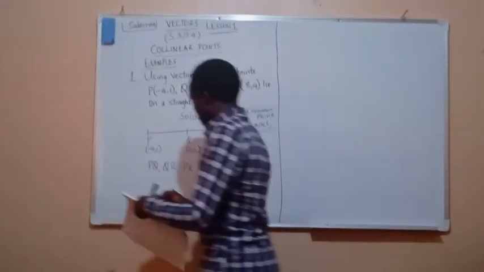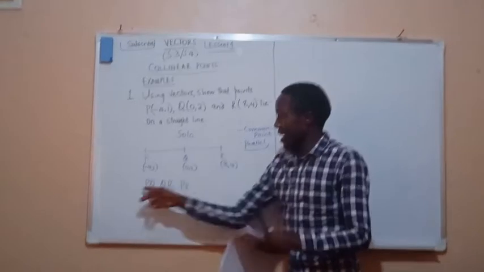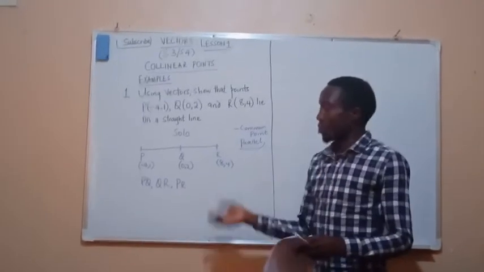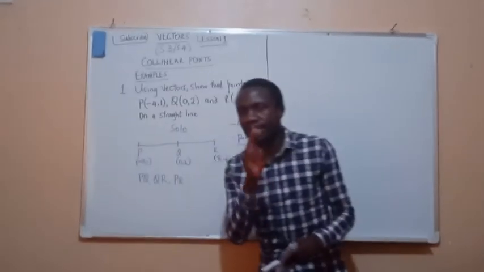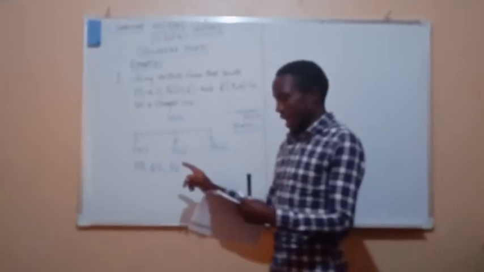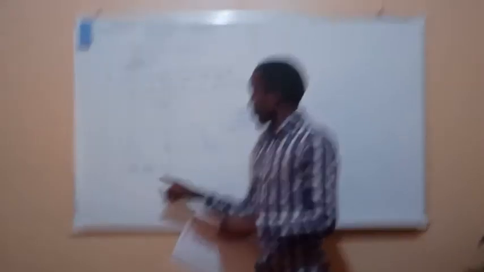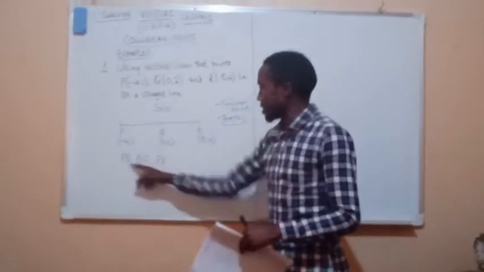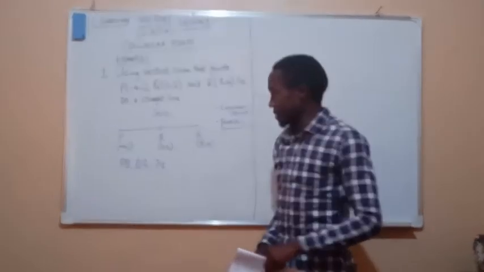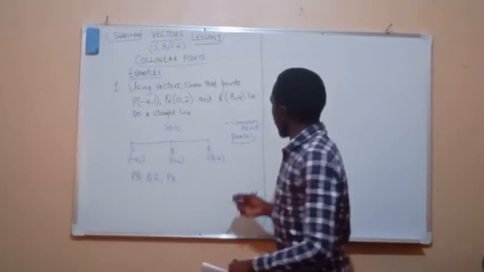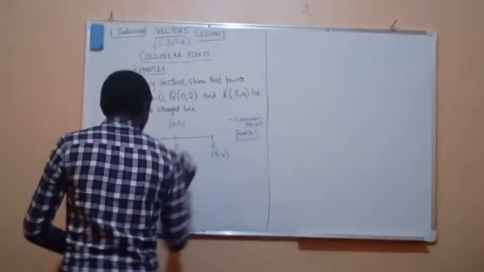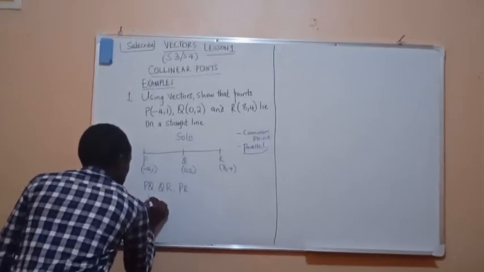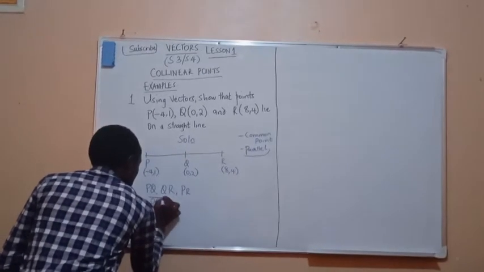But any points that you use here will work out. You just need to select any 2 of them. So you're having PQ, QR, and PR. Any 2 that we shall select here will give us the answer. For example, I may use PQ. I need to first find PQ.